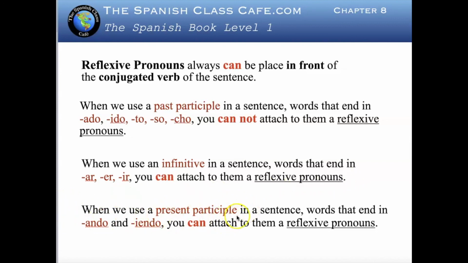The present participles are the ing words. Then you can put the reflexive pronouns in front of the conjugated verb also. You can move it to the back of the ing words, meaning to the back of ando and yendo, as one word. That means you can attach reflexive pronouns to them.